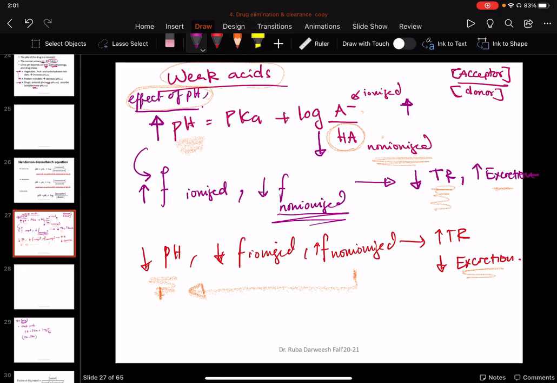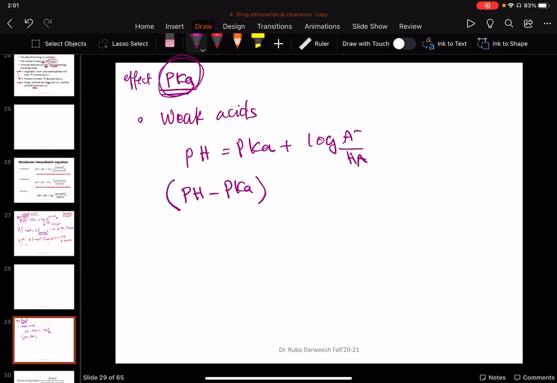Here the effect of the pH means the effect of the urine itself, and here it is the effect of the drug. We are considering that the pH of the urine is constant.